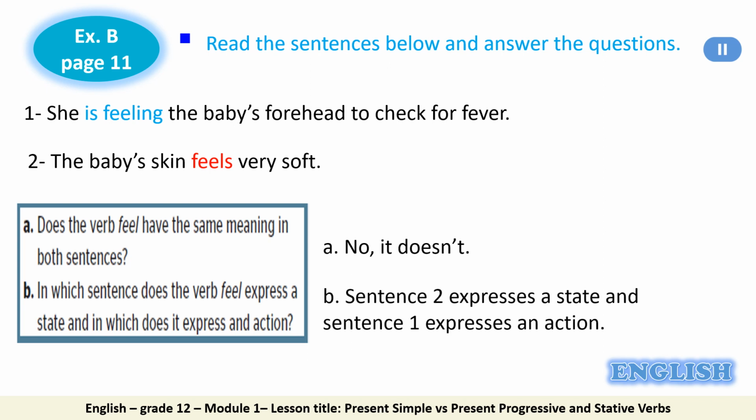Fabulous! In sentence 2, it expresses a state. That's why it is used in the present simple tense. However, in sentence 1, as the picture shows, it expresses an action. That's why it is used in the present progressive tense.